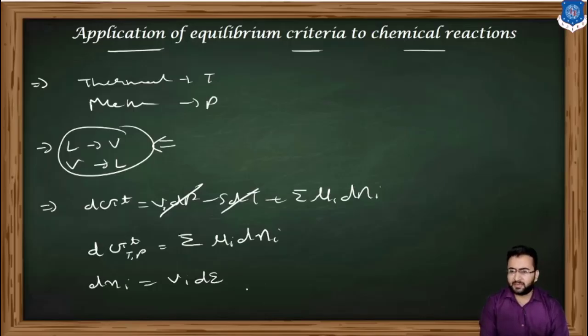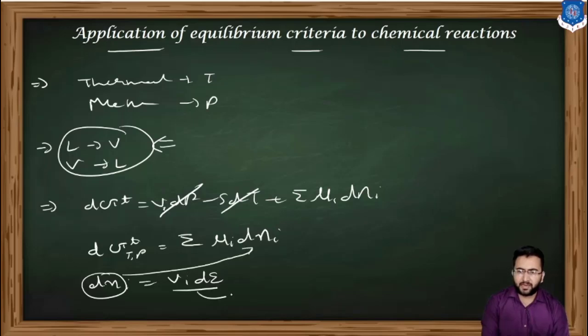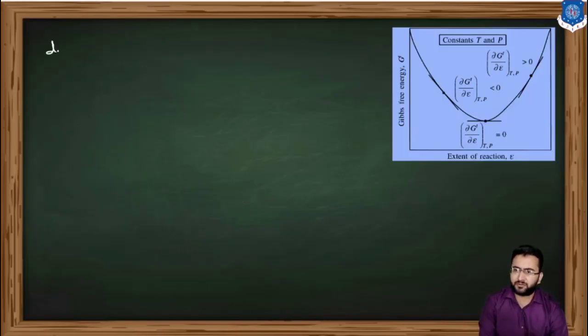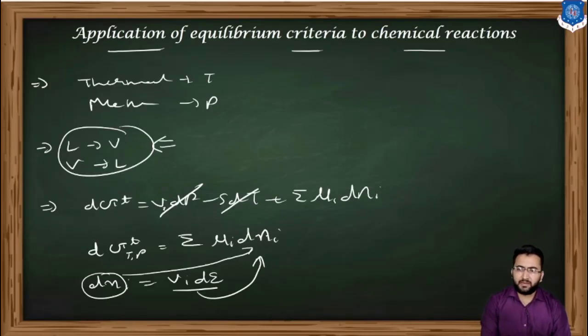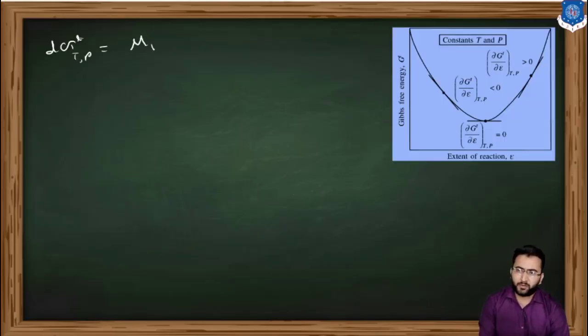So replacing dni with vi d epsilon, the equation becomes dGt at constant temperature and pressure equals the summation of mu i into vi into d epsilon.